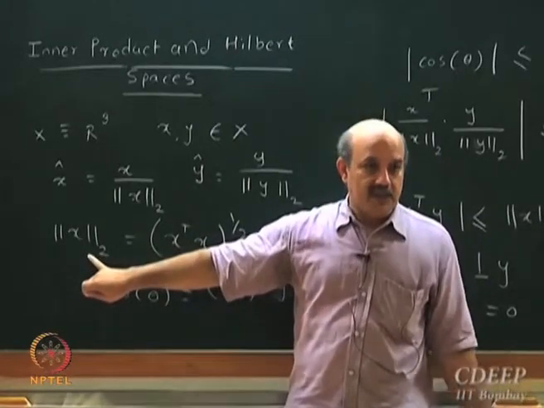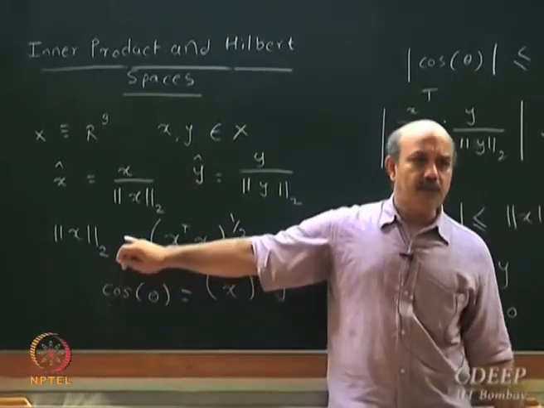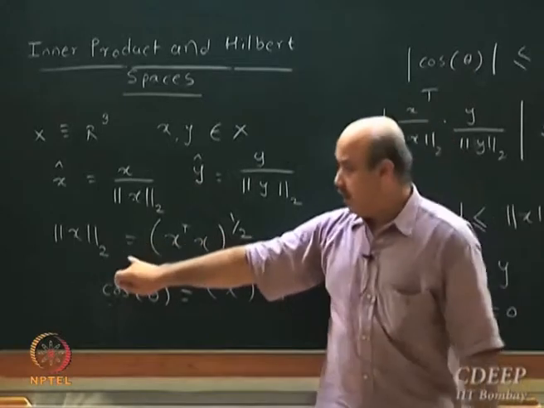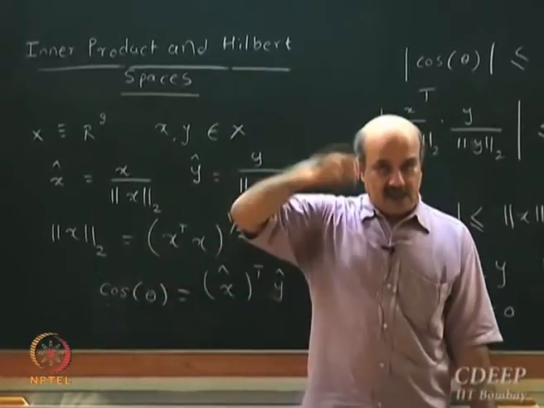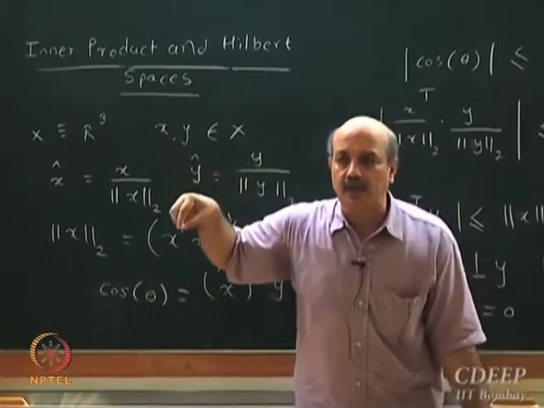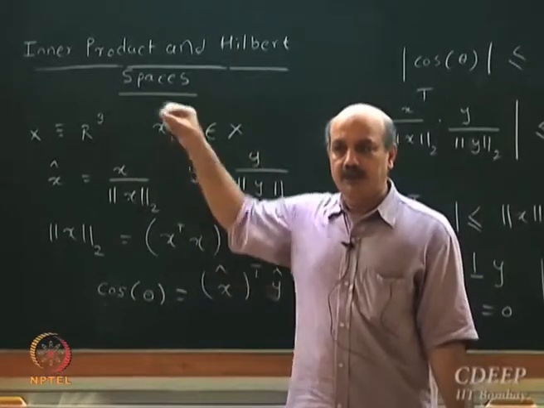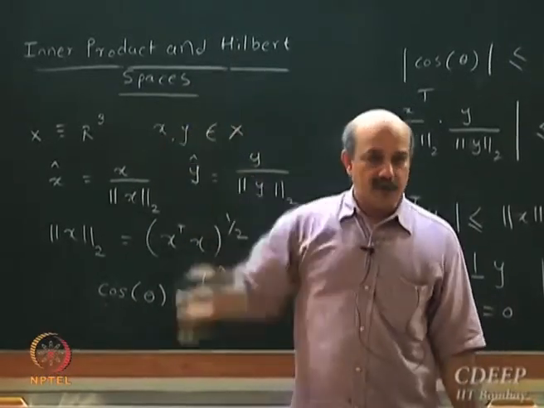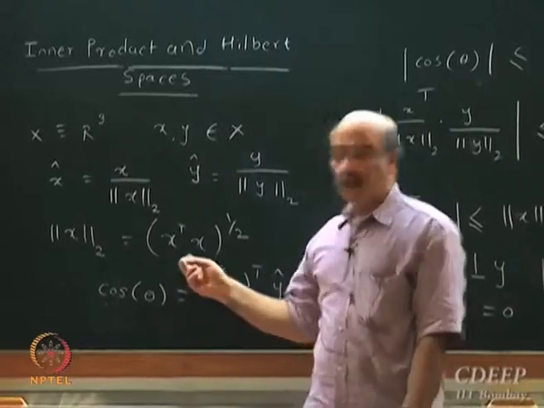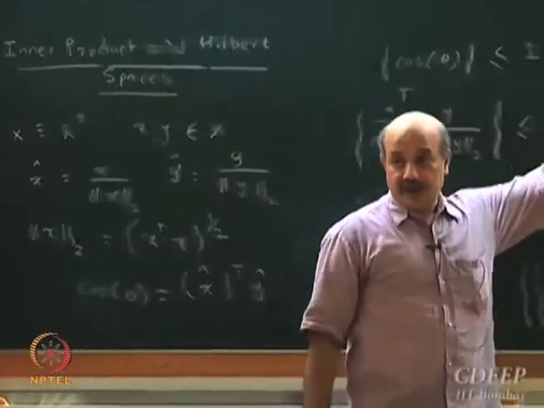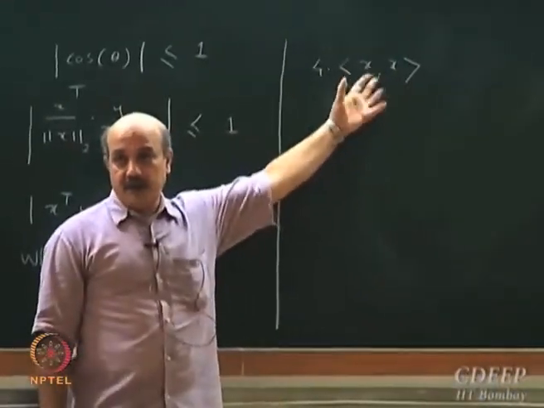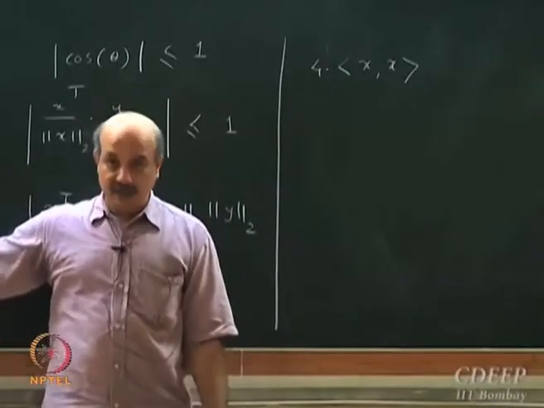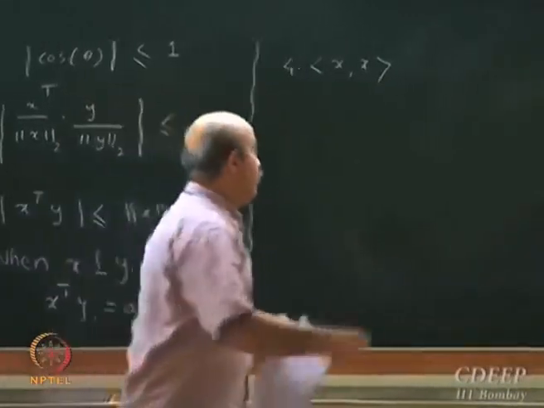In three dimensions, what is the 2 norm? If x1, x2, x3 are the 3 components, it is x1 square plus x2 square plus x3 square whole to the power half. So this particular property is quite important in light of generalizing this.